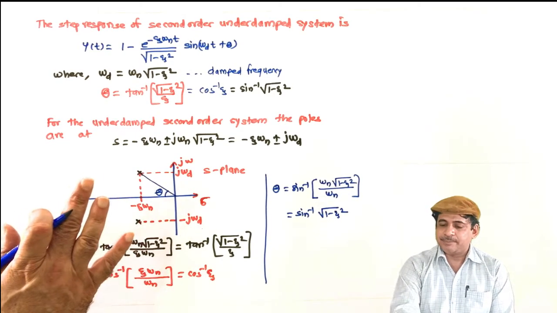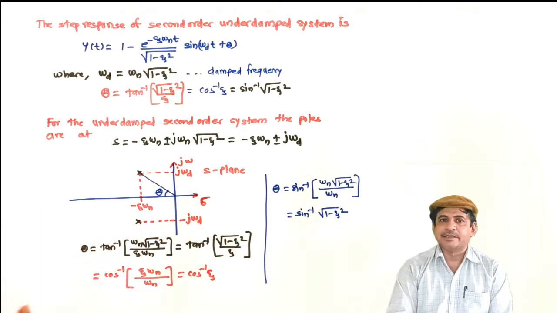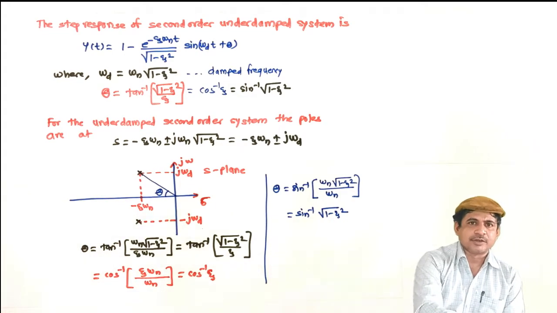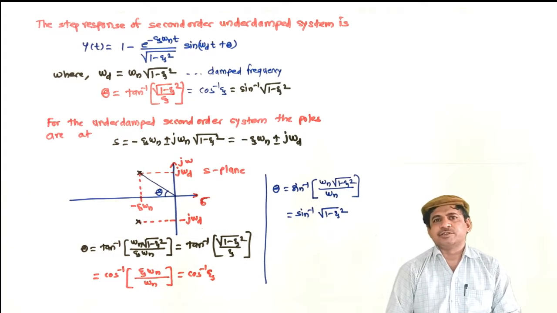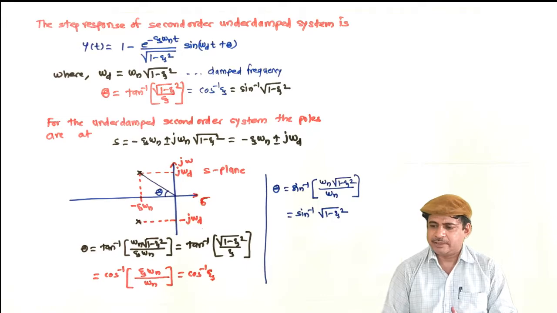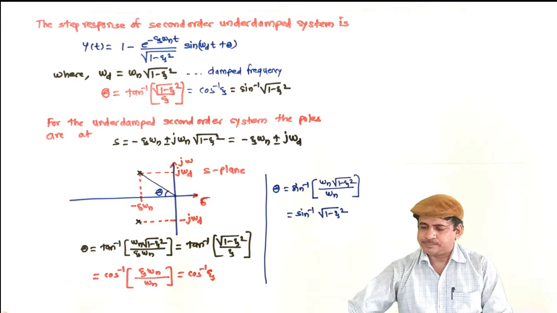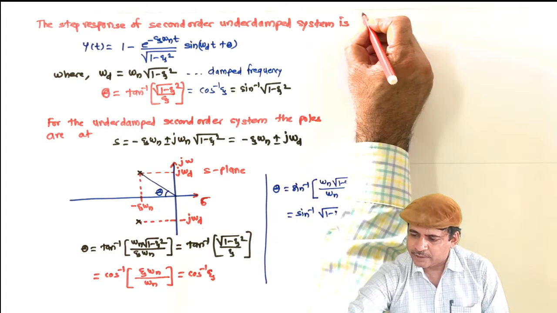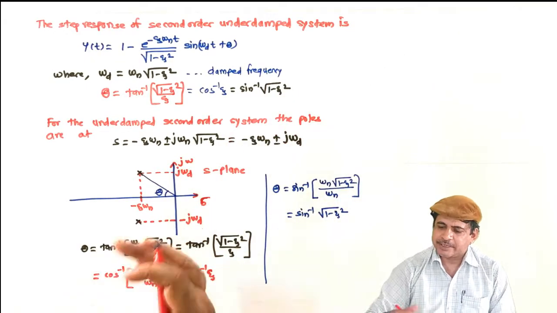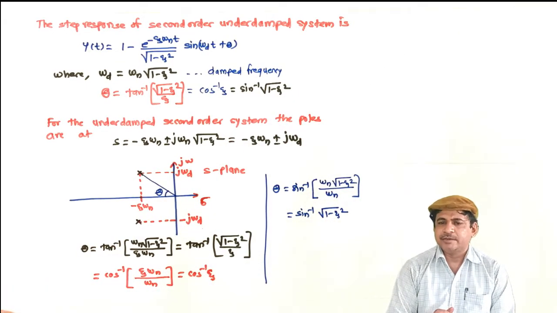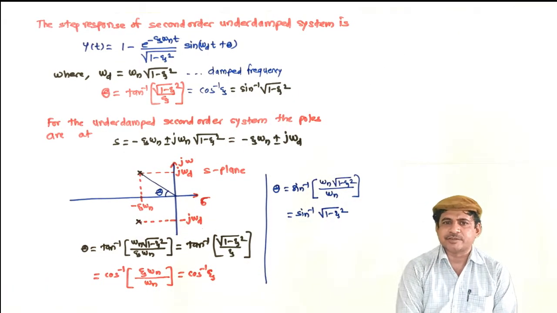So this theta as well as this omega d has importance due to the damped oscillations, and then we can sketch this response and find out its time domain specifications.